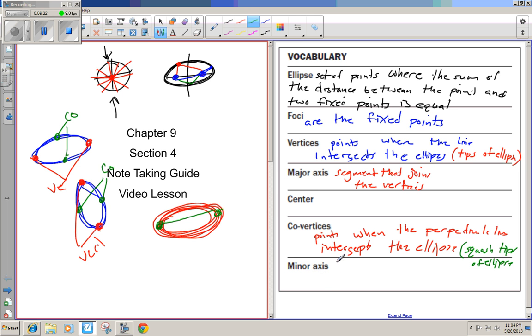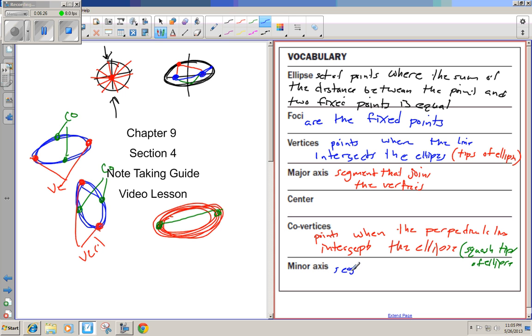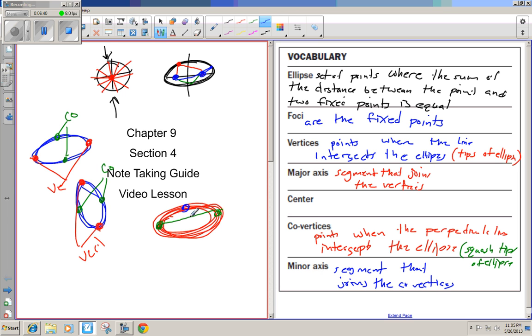Now, minor axis would be a line segment that joins the co-vertices. So basically, this is a co-vertice. Co-vertice here is the minor axis.